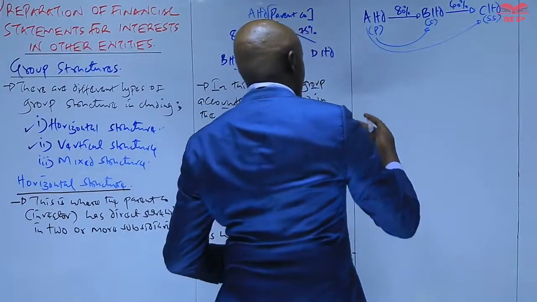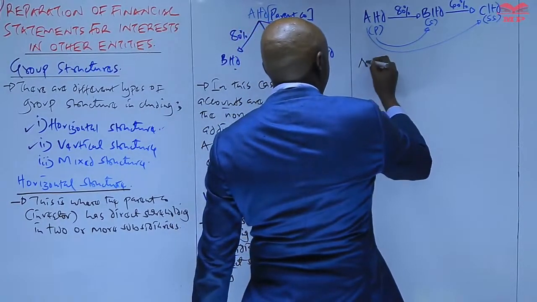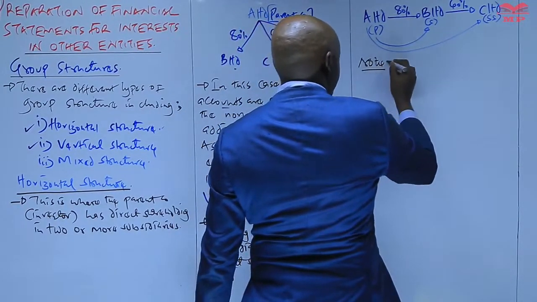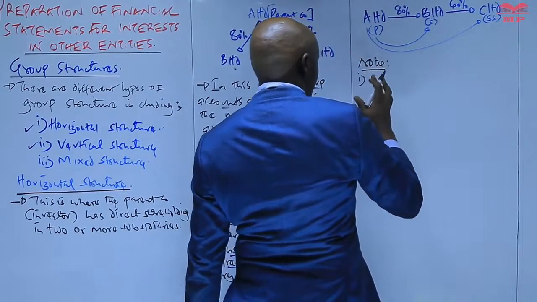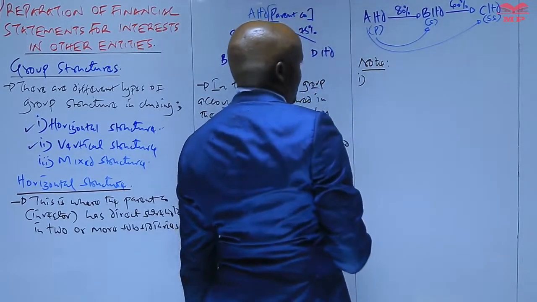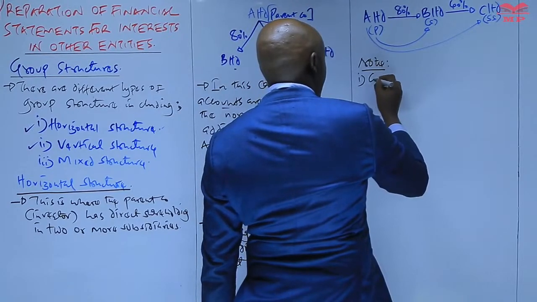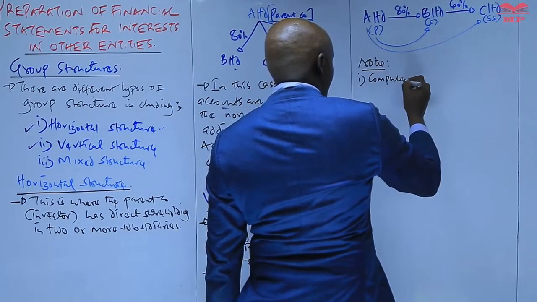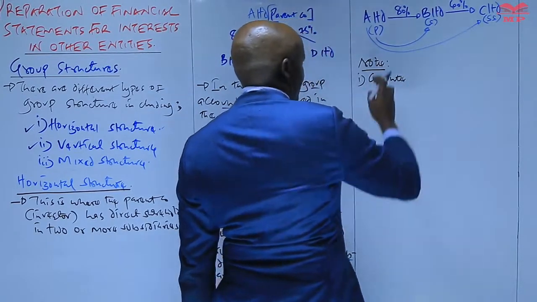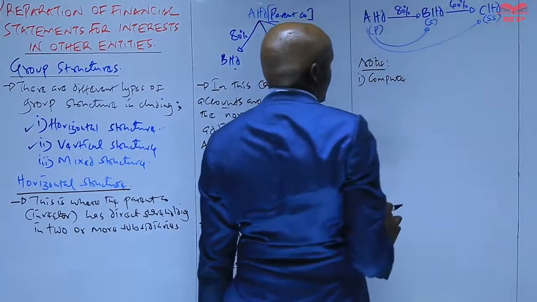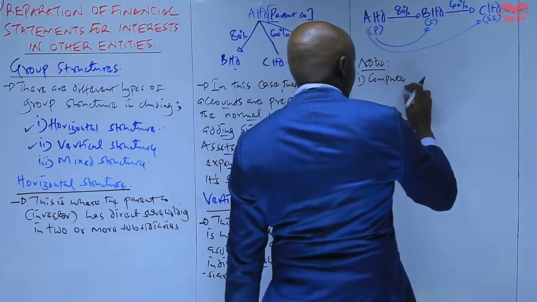So these are some of the important points to note. Number one is that the candidates must compute the parent company indirect shareholding in the sub-subsidiary. That is the first thing to be done.